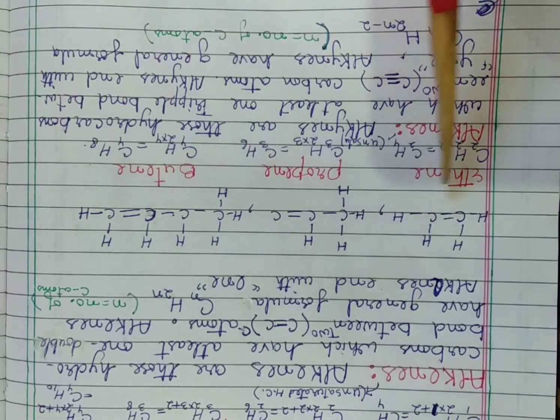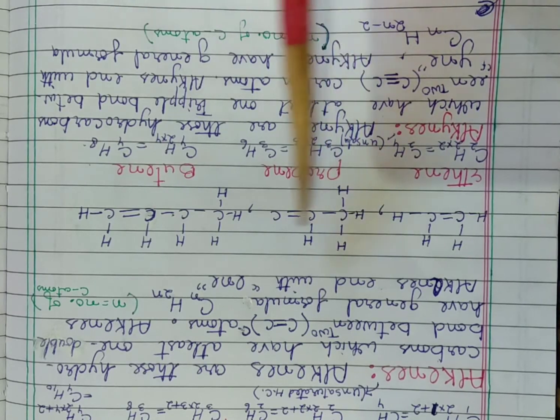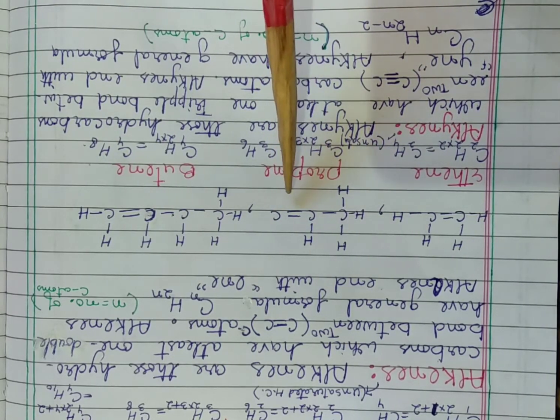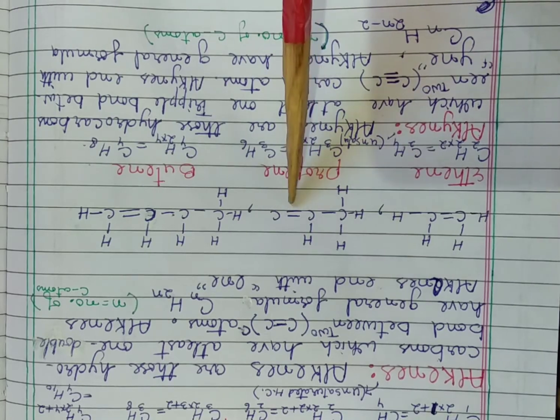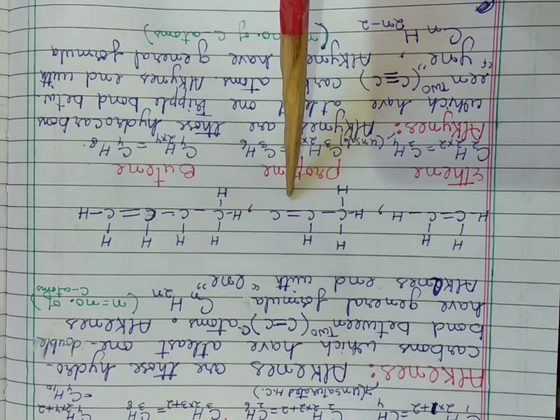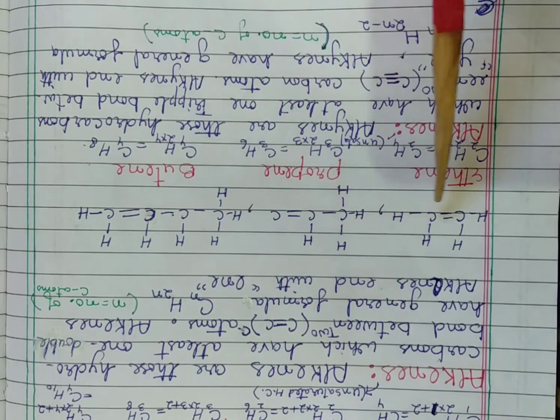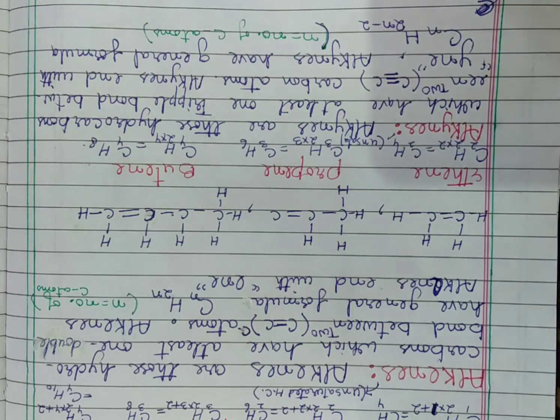So that was all about alkenes. Here you can see in every alkene there's a double bond between two carbon atoms. That is the characteristic of alkenes.